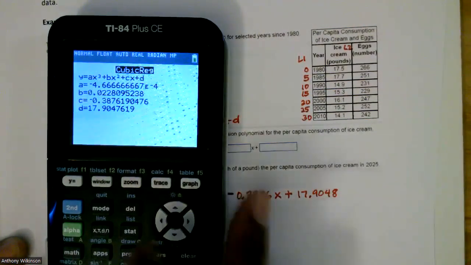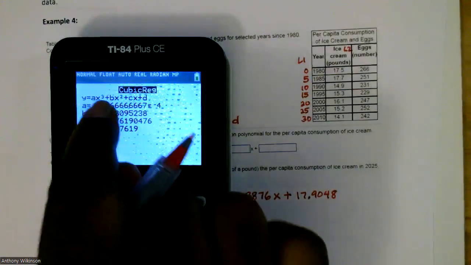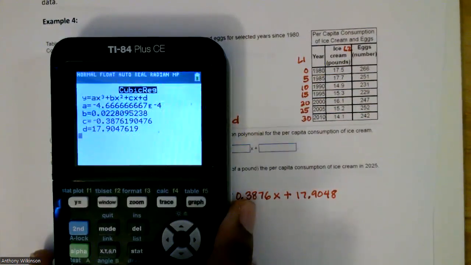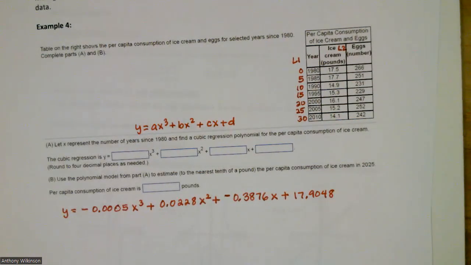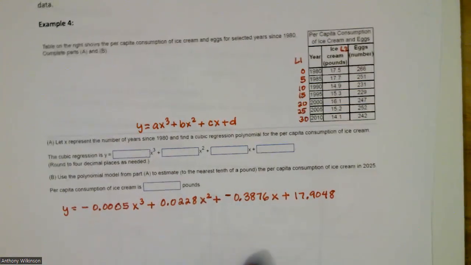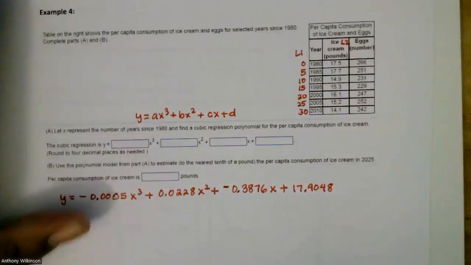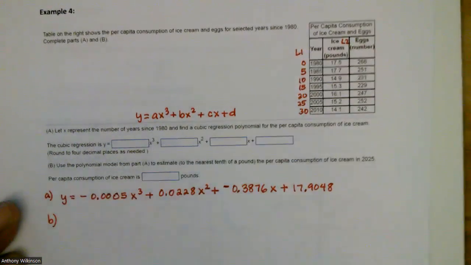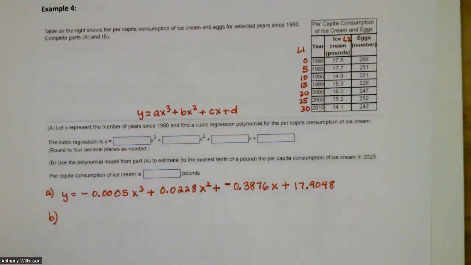And in this case, they had that up here at the very top of the screen. So that's our cubic regression equation, which is the answer to part A. Now, part B is to use the polynomial model from part A to estimate to the nearest tenth of a pound the per capita consumption of ice cream in 2025.